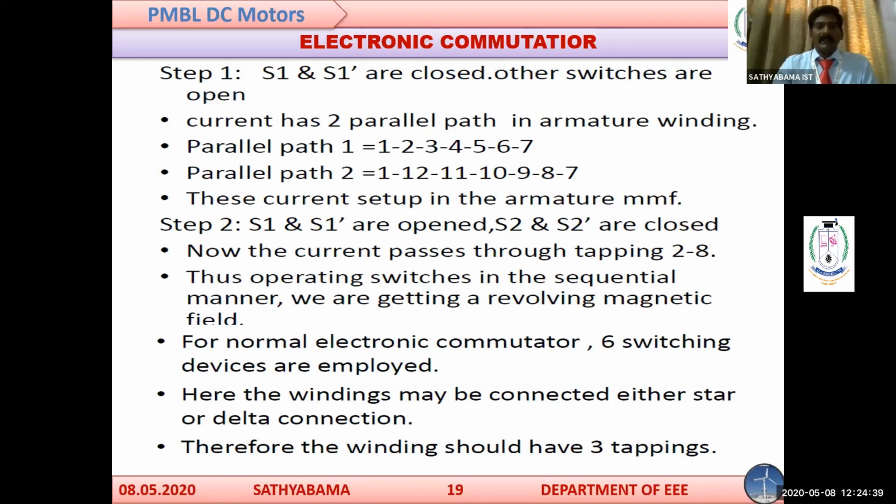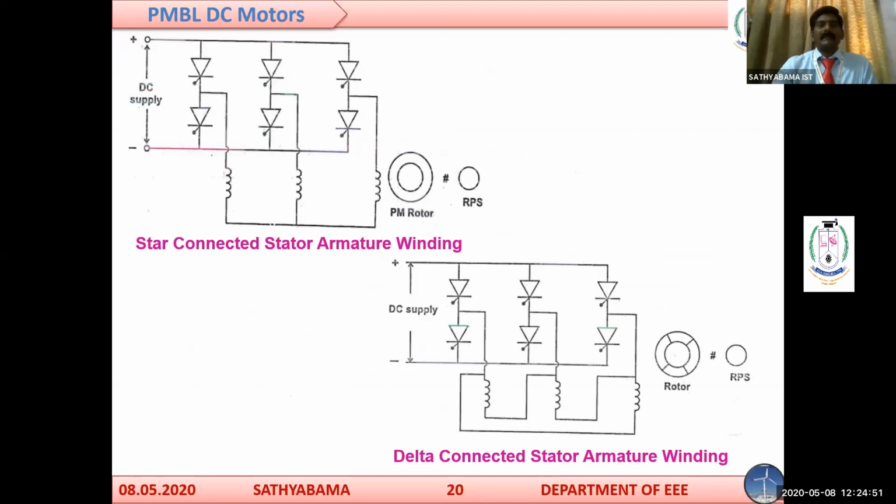For a normal electronic commutator, we have 6 switching devices. Here the windings may be either star connected or delta connected. Therefore, the winding should have 3 tappings. Here you can see the stator having 3 windings A, B, C, with 3 terminals connected to the solid state switches, which has 6 switches.